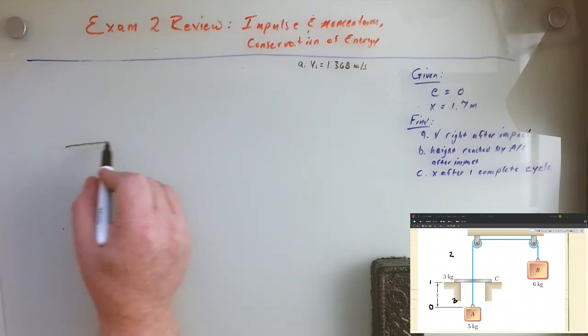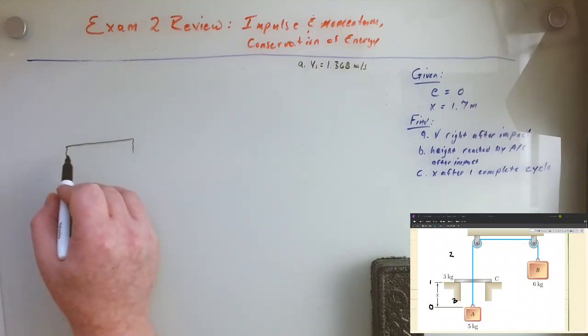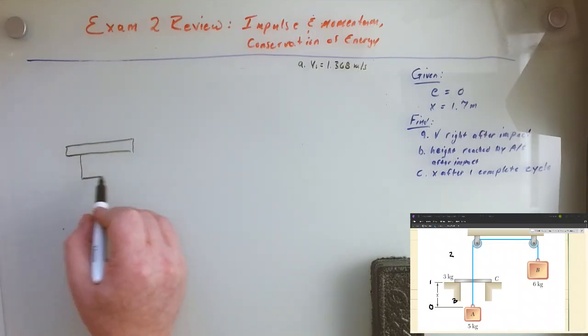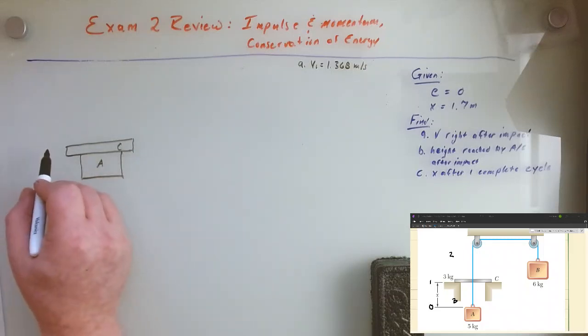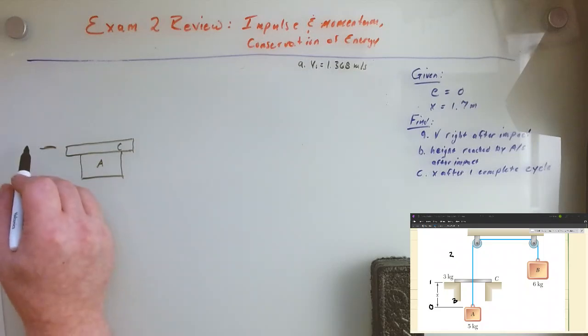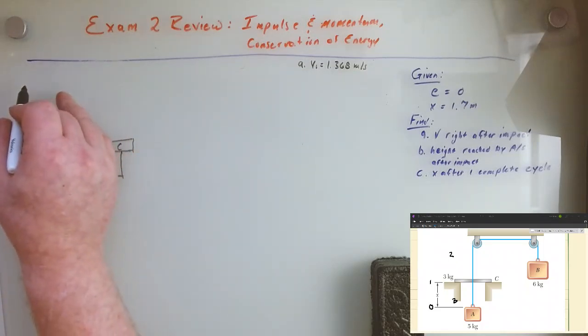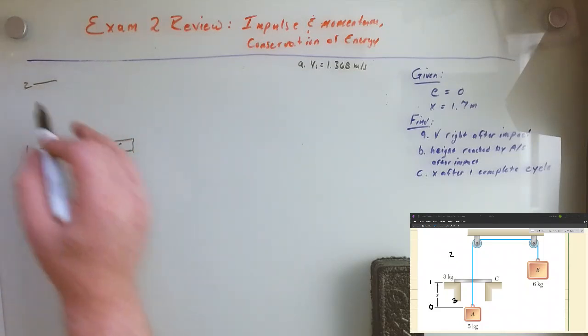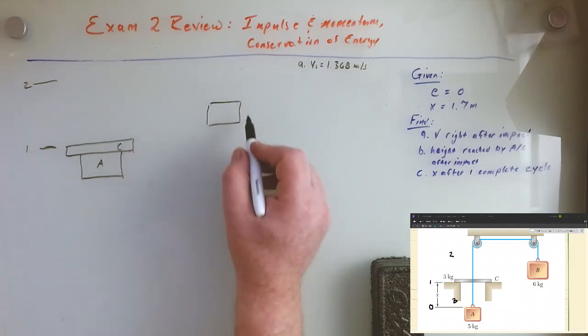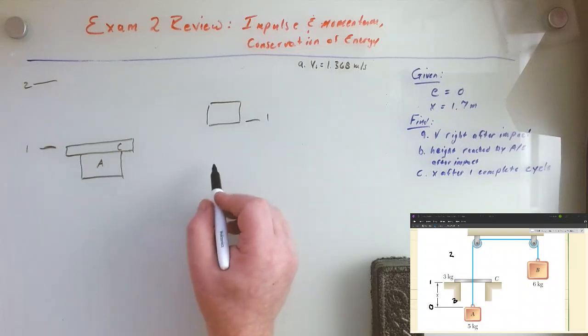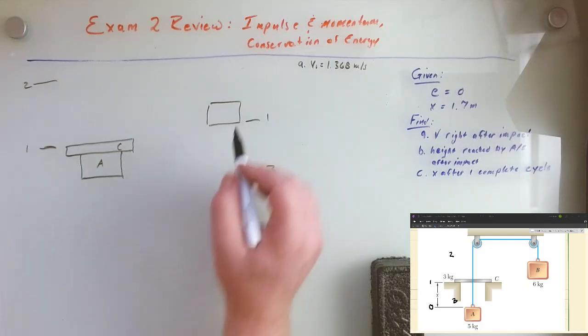We have A and C, in position 1, and we're going to position 2. And similarly, B is in position 1, and it's going to position 2.